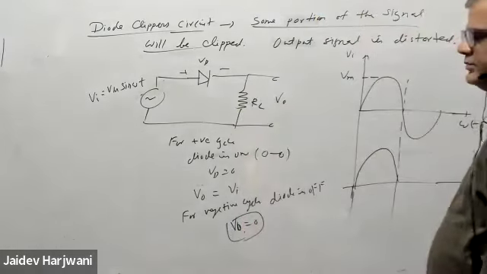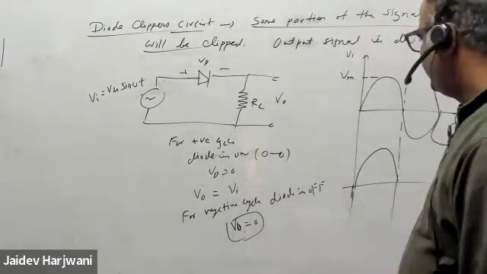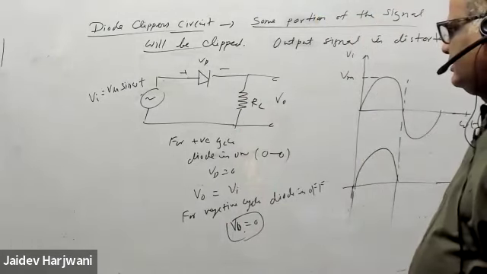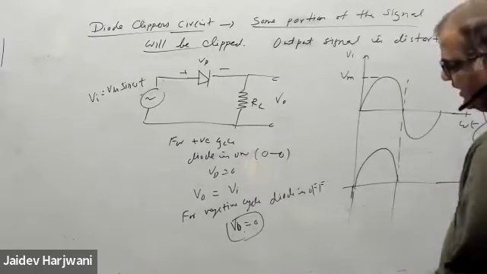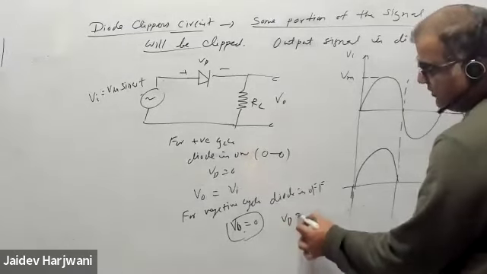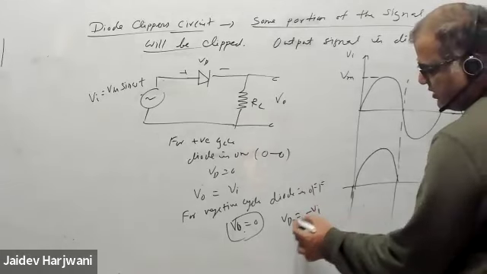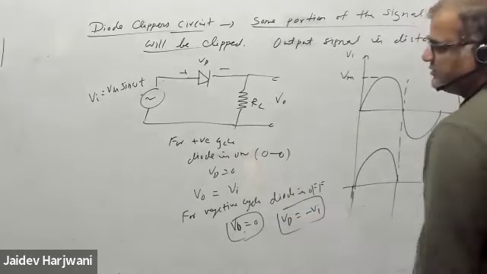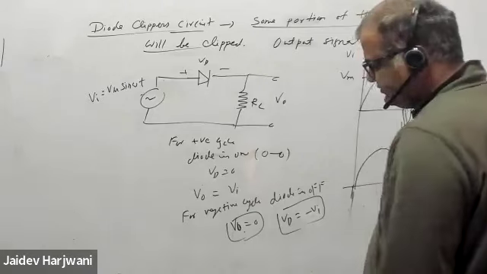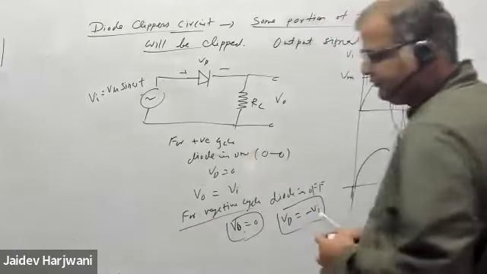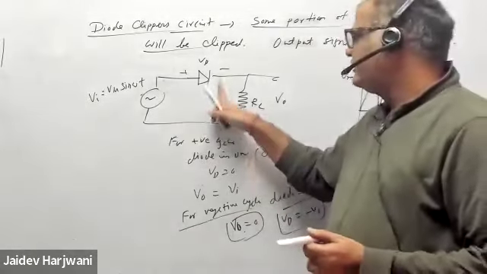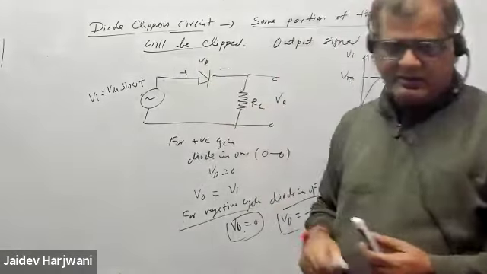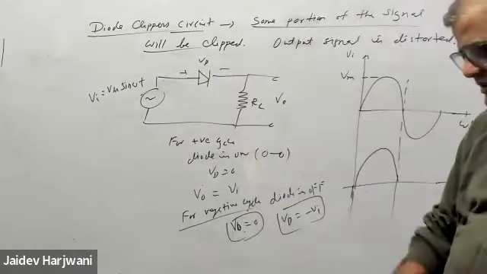All the voltage will go across the diode, and Vd will be equal to minus Vi, reverse bias for negative cycle.